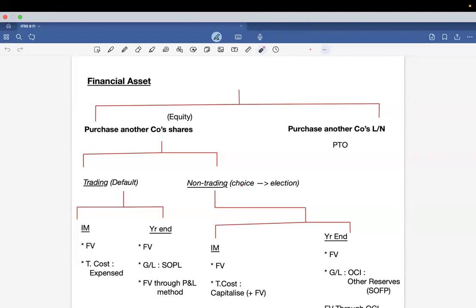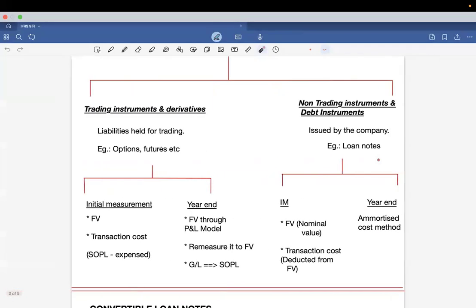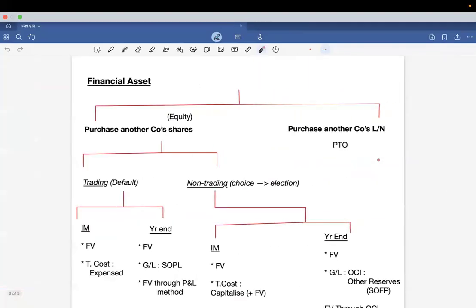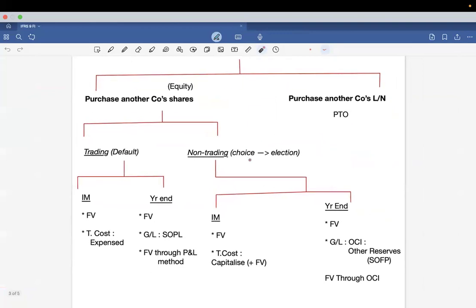The other is to purchase another company's loan notes, where they are then entitled to give us cash. As far as the loan notes go, the treatment is the same as for financial liability, but instead of giving, you are getting. That's all.